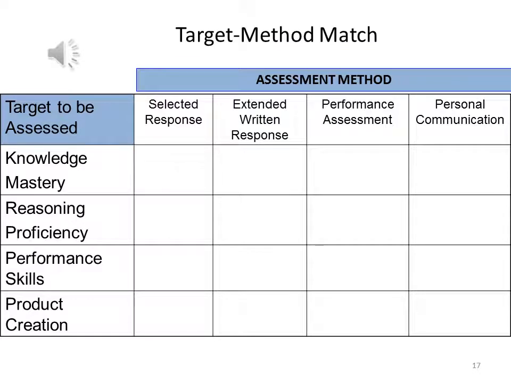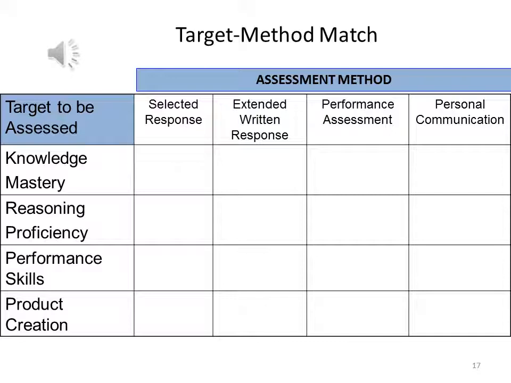This is a simple grid that helps us to do the target method match. Our targets are down the left side: knowledge, reasoning, performance skills. And across the top are the assessment types: selected response, extended written response, performance assessment, and personal communication.